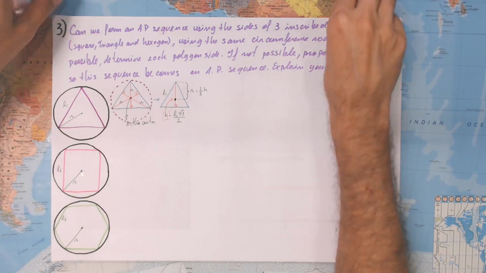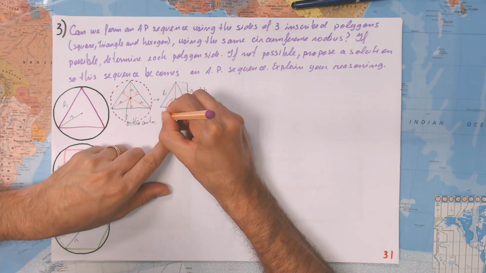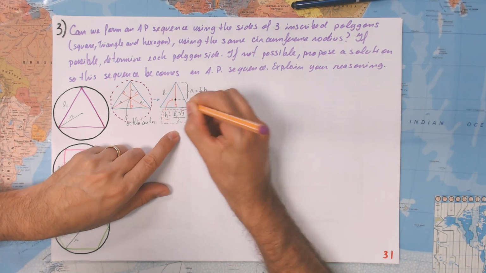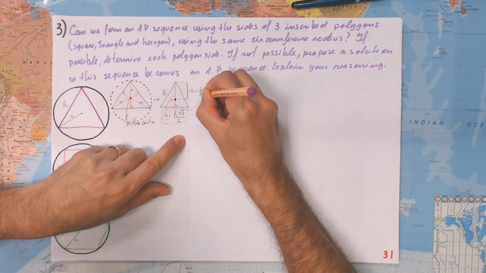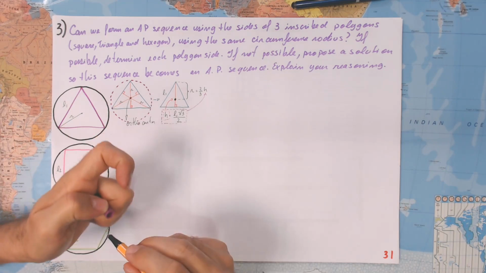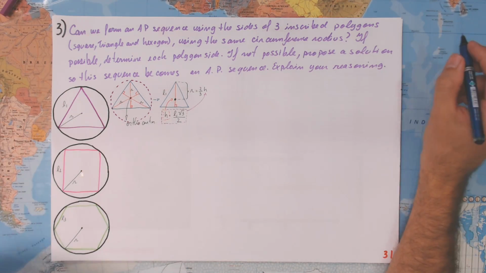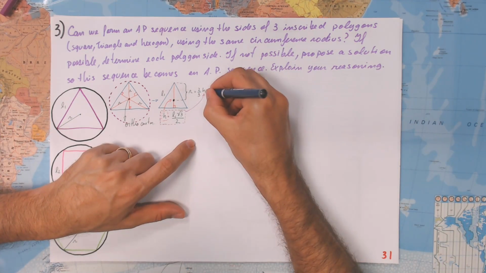Okay? But look, the height is this, isn't it? L square root of 3 divided by 2. Now we have a relation, okay? Now we can write like this.